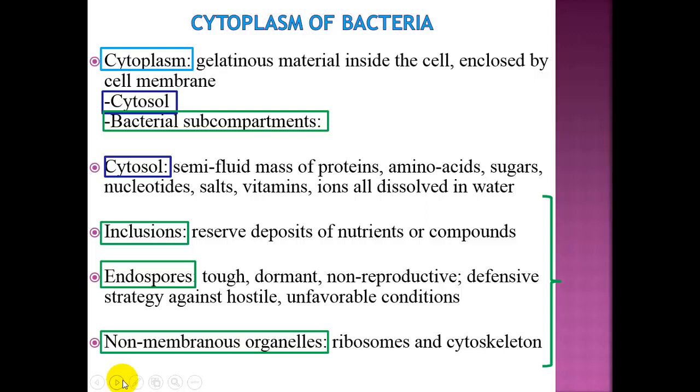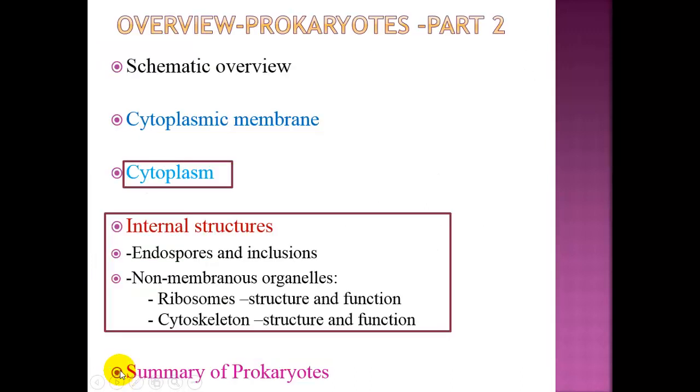Finally, non-membranous organelles include ribosomes and cytoskeleton. Since bacterial compartments are the internal structures of a bacteria, let us study those in detail. We'll start with endospores and inclusions and end with ribosomes and cytoskeleton, emphasizing structure and function.